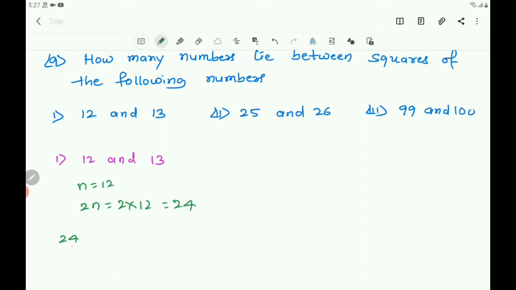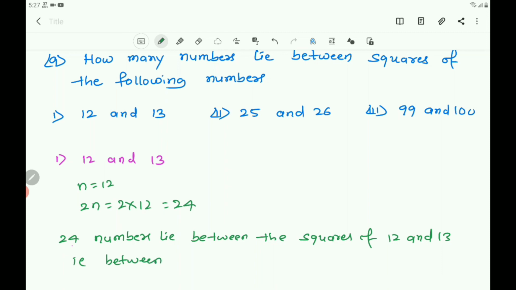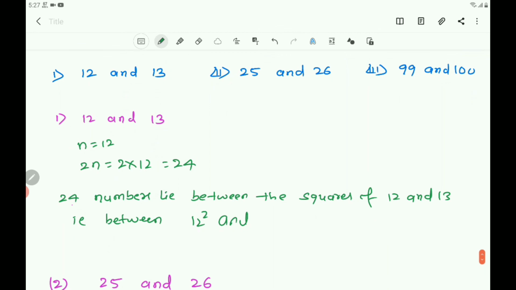Therefore you can write 24 numbers lie between the squares of 12 and 13, that is between 12 square and 13 square. That is 144 and 169.